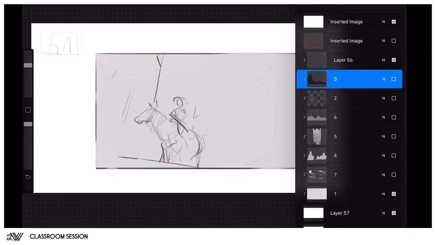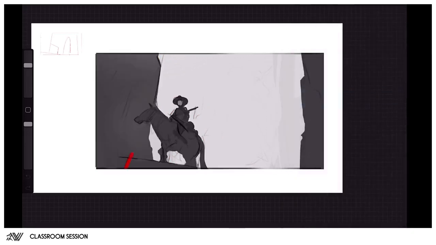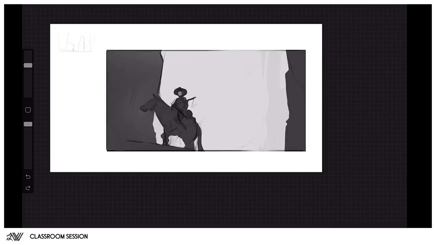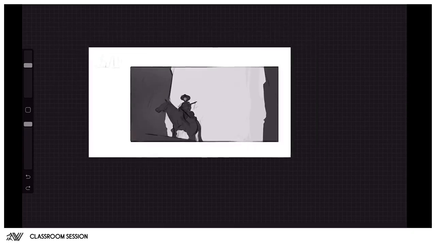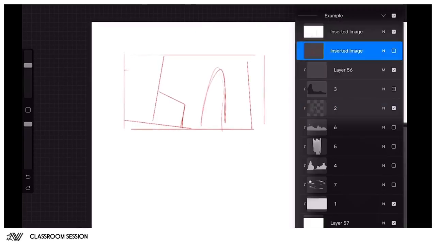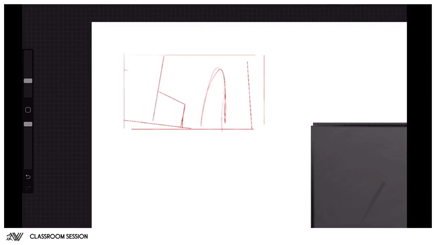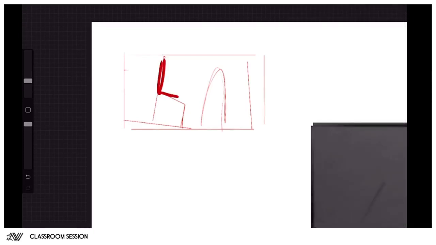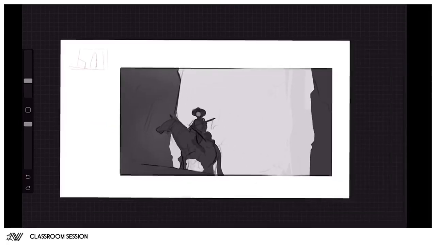I make my foreground. It's this sort of L-shaped composition. Again, I'm constantly thinking about this graphic shape, right? That's all that's in the back of my mind, is this composition is what I thought worked graphically, so it needs to be translated into my more detailed painting as well.